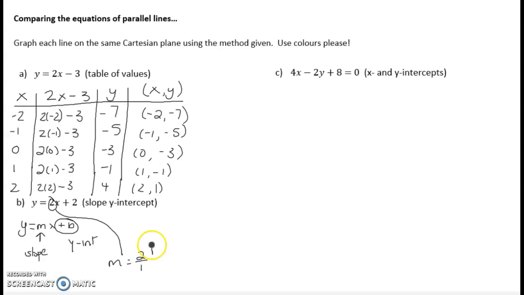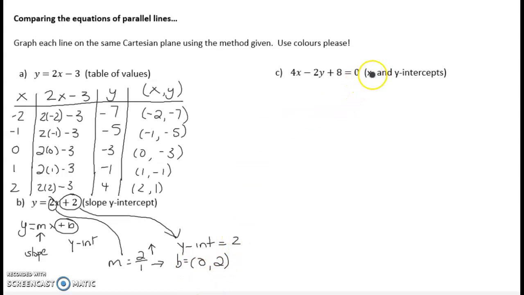Okay, so that means a positive 2 over 1 positive. The second one is my y-intercept, so +2. So y-intercept equals 2. So that means x is 0, y is 2. Okay, and that is our B.